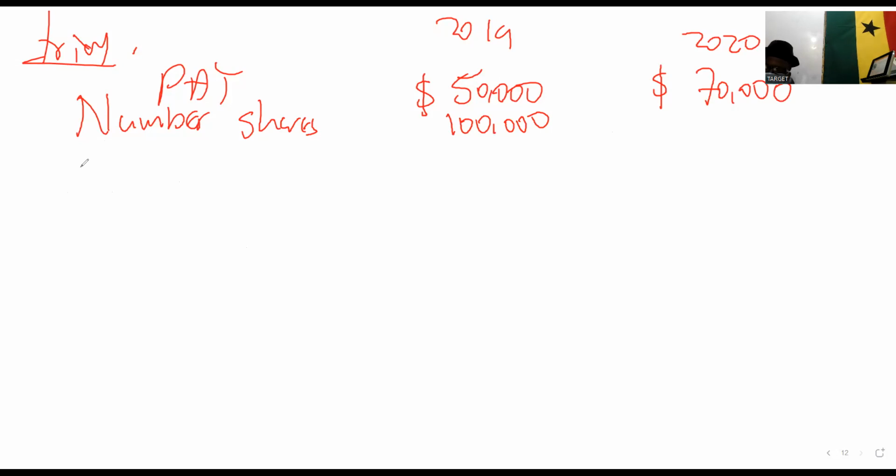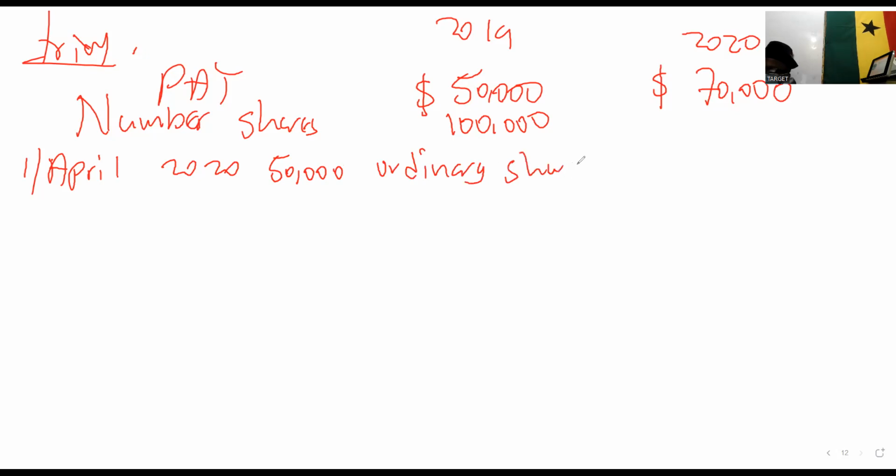Somewhere in, let's say, April, 1st of April, 2020, 50,000 ordinary shares were issued at a full market price.